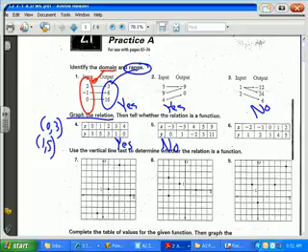What about number 6? Yes. Number 7, is that a function? Yes, it passes the vertical line test. Number 8? No, not a function. These ones here don't pass the vertical line test, so no. Number 9? Yes.